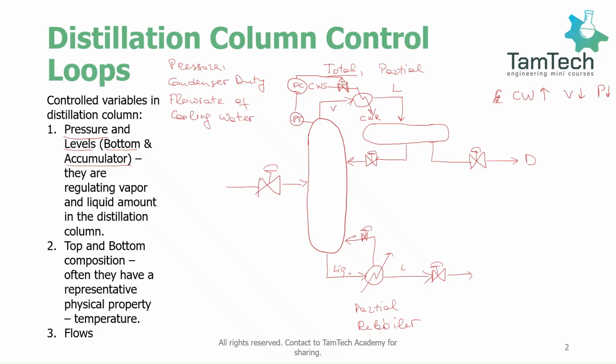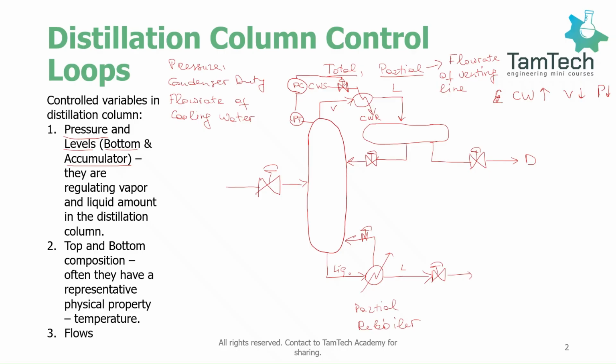In the second scenario, if we have a partial condenser, we can also connect it to the flow rate of our venting line. In this case, we will have another vapor stream from our accumulator.